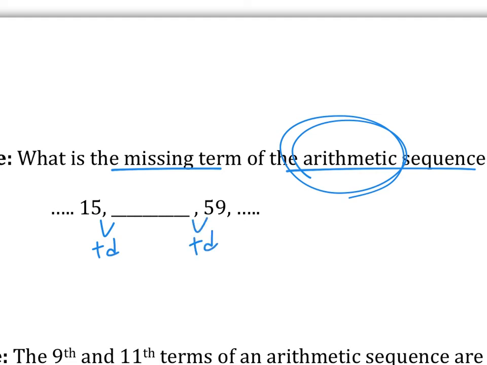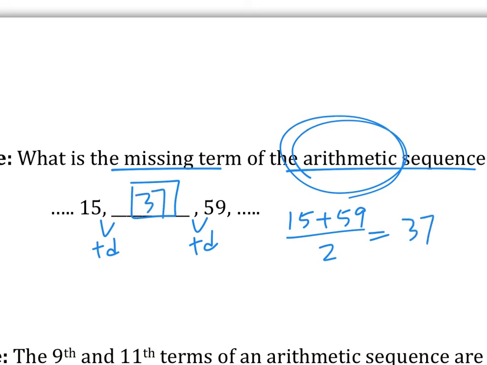And being an arithmetic mean means the middle number has to be the average of the 2 next to it. This middle number is 15 plus 59 divided by 2. It's the average of the 2 because there's a sequence. Anyways, so the answer is 37.